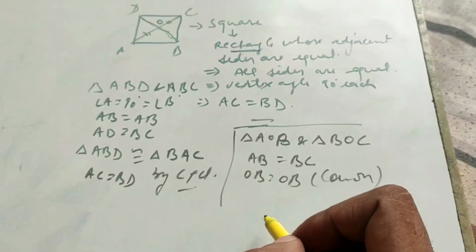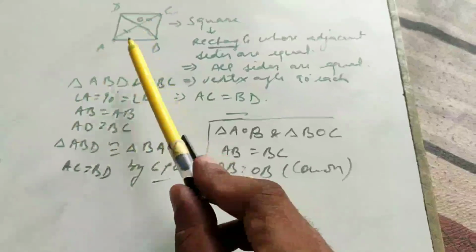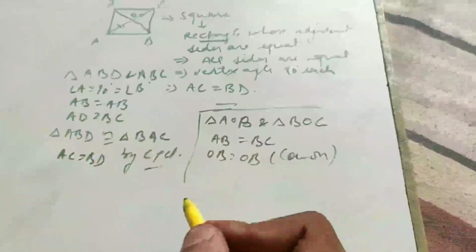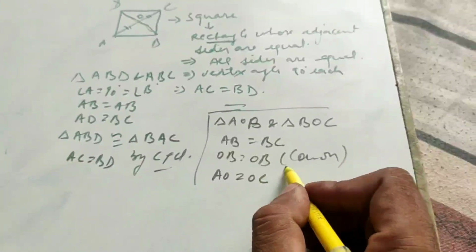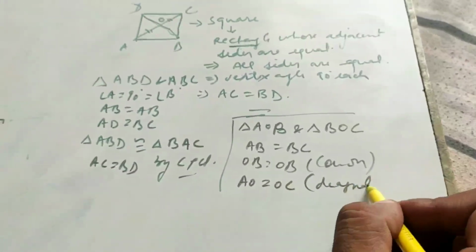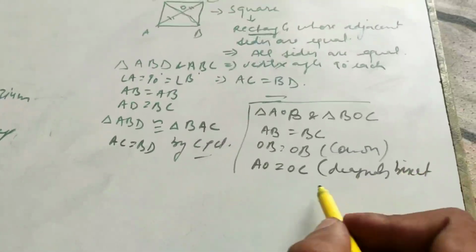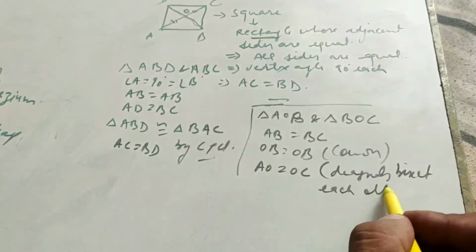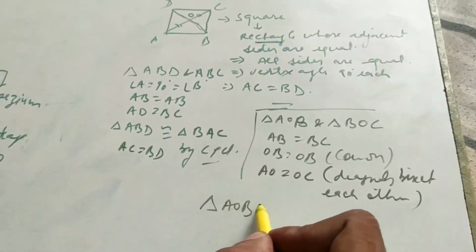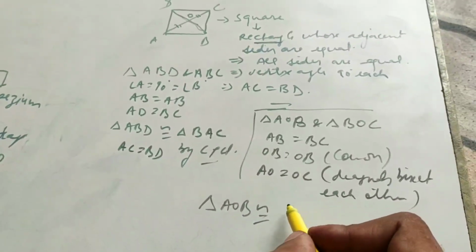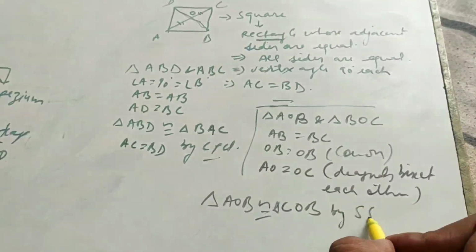Now the third thing is, in the case of a parallelogram we have learned that diagonals bisect each other. So AO will be equal to OC as diagonals bisect each other. Therefore clearly triangle AOB will be congruent to triangle COB by SSS.